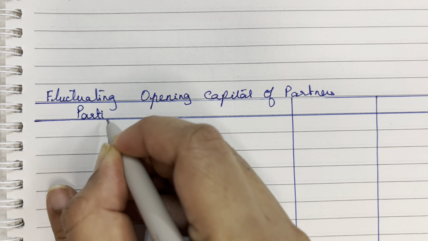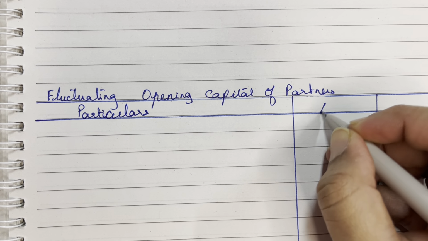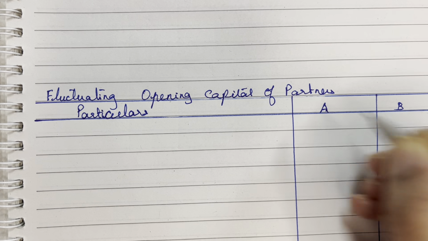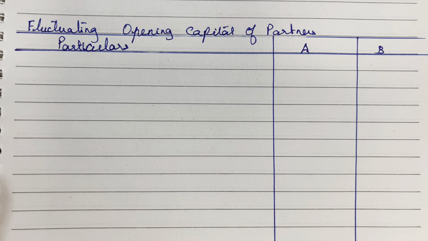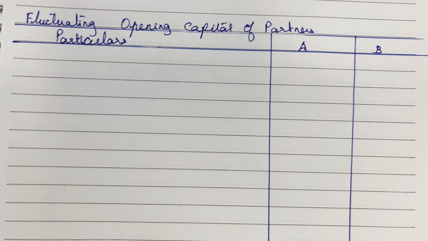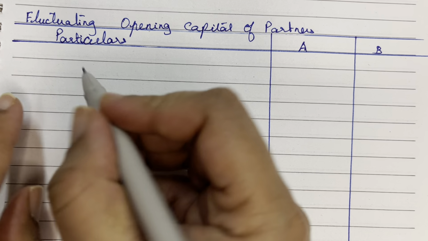Particulars. The two partners' names, A and B. Okay, so now what is given? I've left some space on top for preparing our working notes. We'll start directly with the sum, and the working as and when required we'll do in the working notes column.